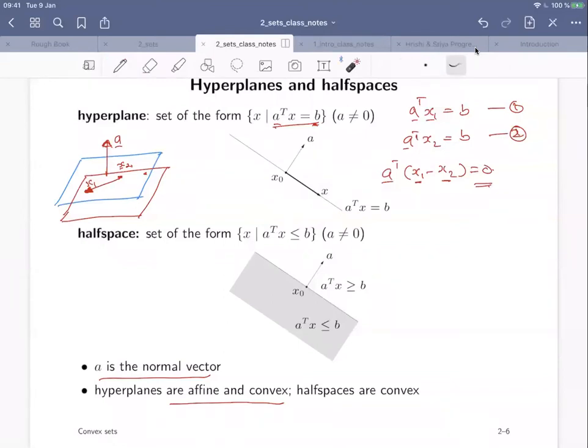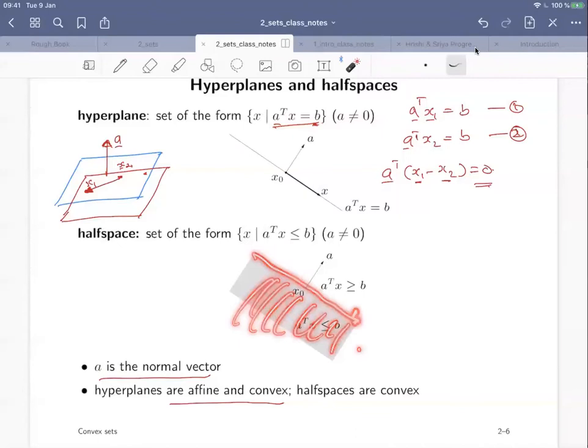A half space is also of the form: the set of x such that A transpose x is less than or equal to b. Previously we had this equal to b, which is a hyperplane, where A transpose x equals b. Now we are saying that it's not a plane, but one side, the entire space that lies at one side of the plane.